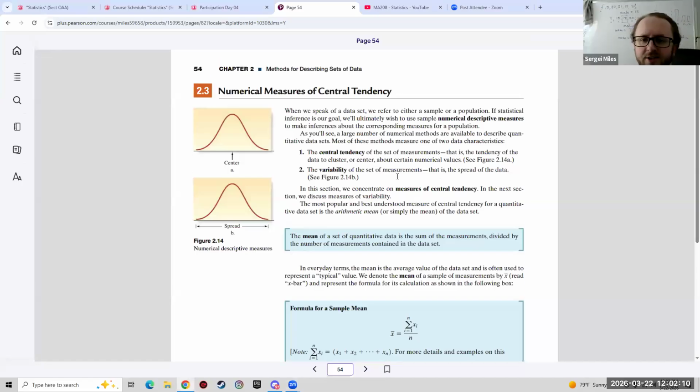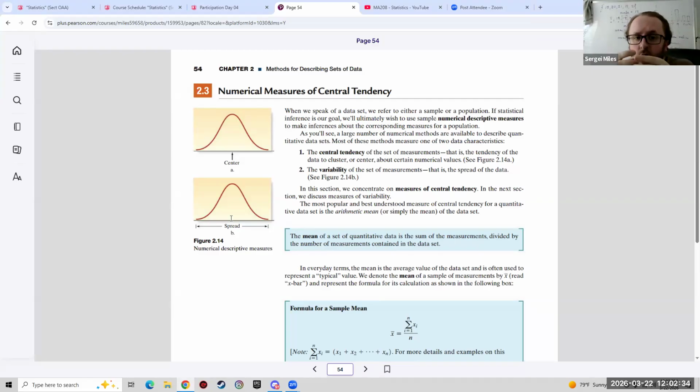All right, we've been talking about central tendency for a set of data, and we were looking at when data sort of has this hill shape, right? Then the center is wherever this highest frequency is occurring. Another thing we could try to determine about a set of data is the spread, or in other words, the variability. How spread out is my data?